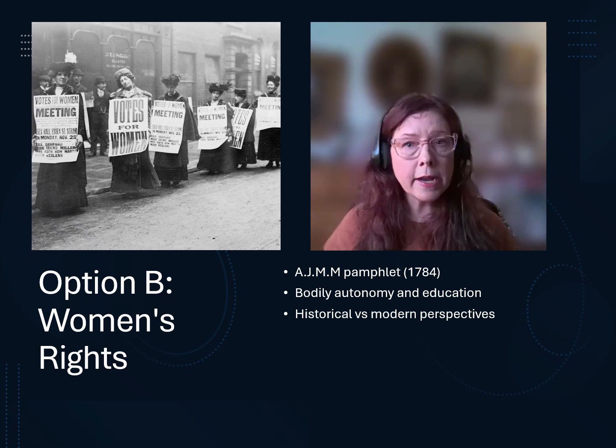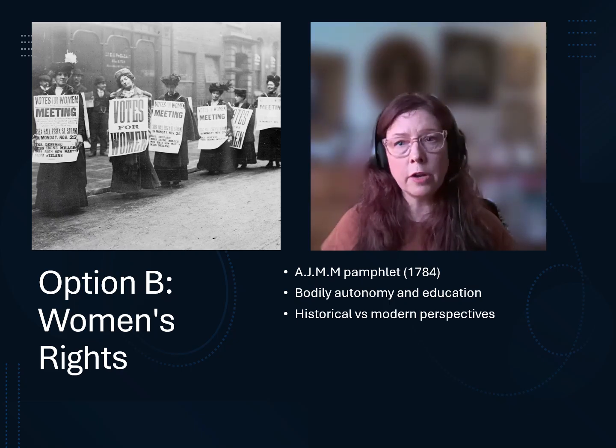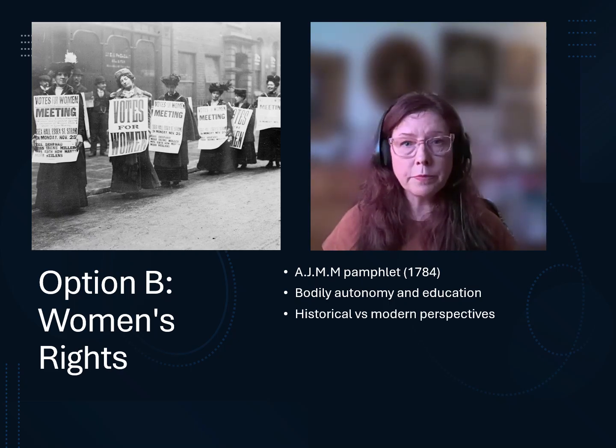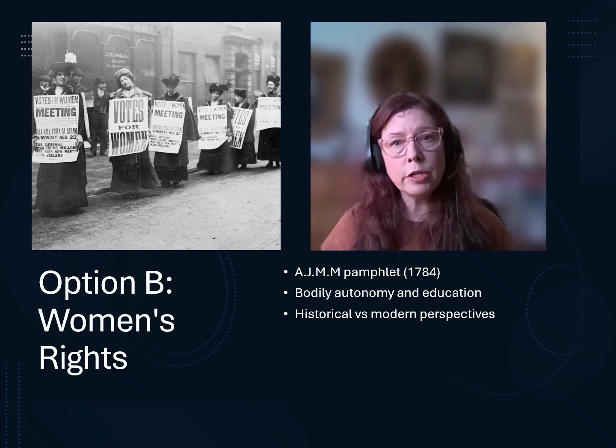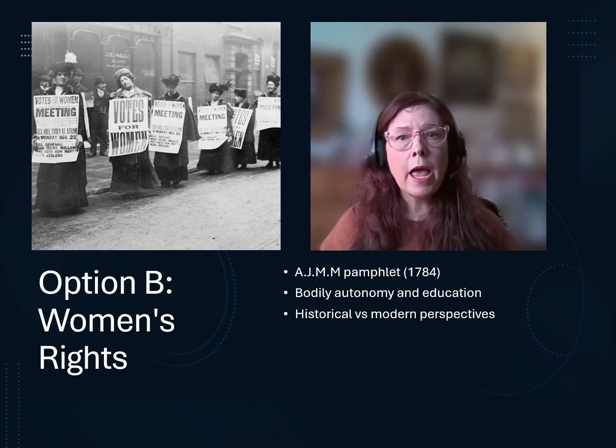And this connects directly to something we touched on earlier in the course, the work of Mary Wollstonecraft. In 1792, she writes A Vindication of the Rights of Women. And what she argues is actually pretty radical for the time, that women are not naturally inferior to men.